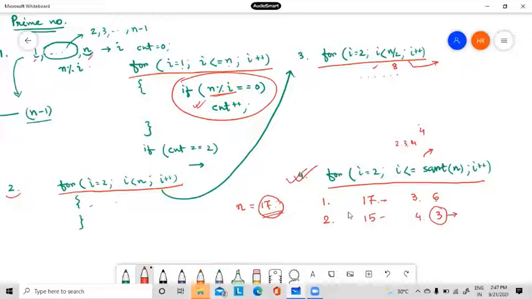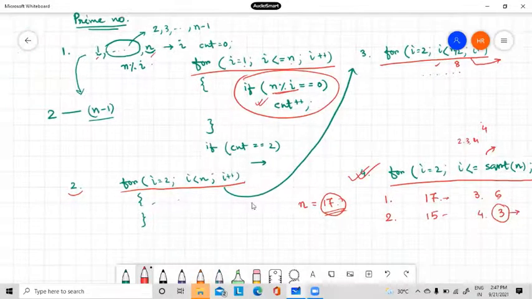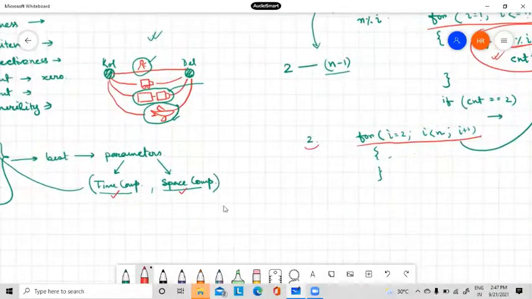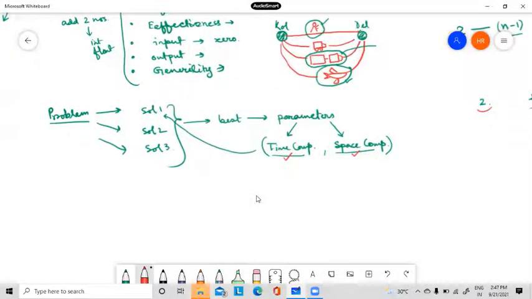So we consider time complexity as the best parameter to decide whether a given solution is good or bad. Okay. Now among these 4 solutions, the 4th one, where I am going to check up to square root of that number, is giving us the best solution. Okay. So this is all about how to consider whether your algorithm or your solution is good or not.